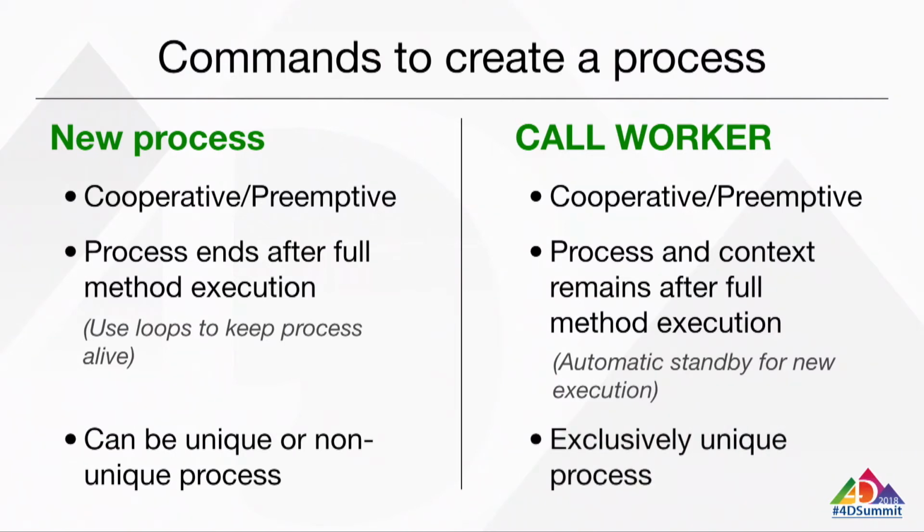Versus CALL WORKER, which is exclusively unique to the name. So if you name your worker worker 1, the next time you call worker 1 again, it uses the exact same worker, because the worker doesn't go away after it finishes its execution; 4D maintains it. The next time you call it, it reuses the same worker process.